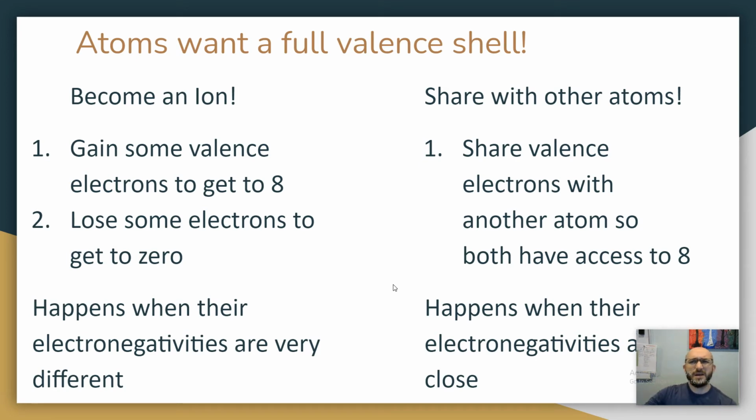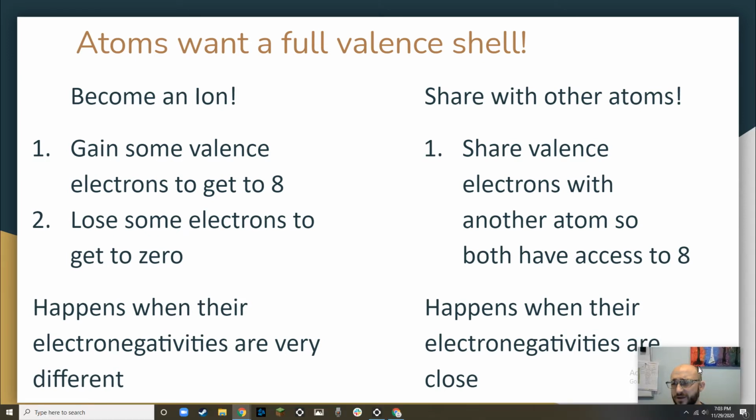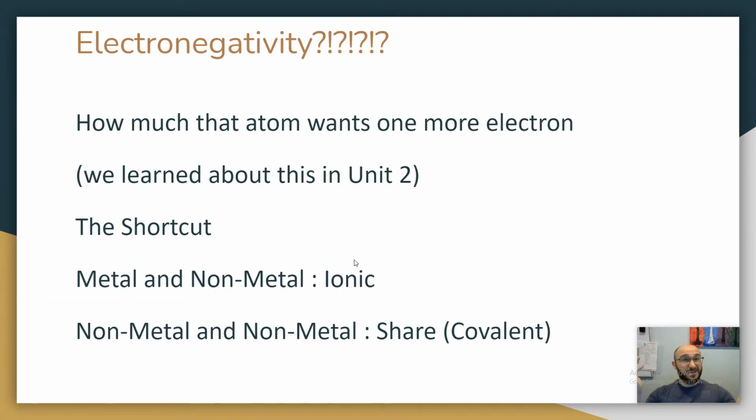Now, the other thing they could do is they could share instead. I spoke about that very, very briefly before the break, I believe. And again, don't worry too much about that. We'll learn about that more later. And that only happens when their electronegativities are very, very close together, when they're almost the same. All right, but what's electronegativity? So this is a blast from the past from Unit 2.